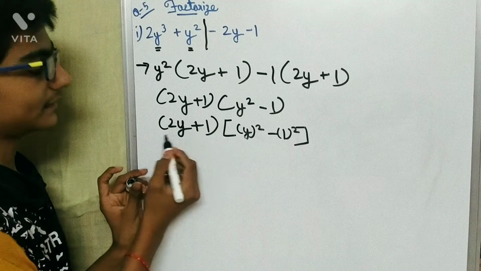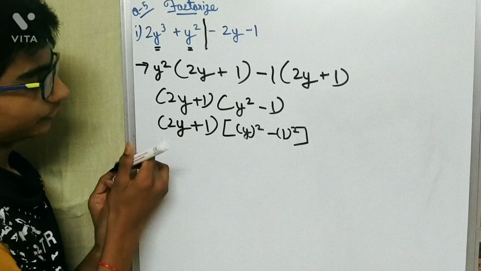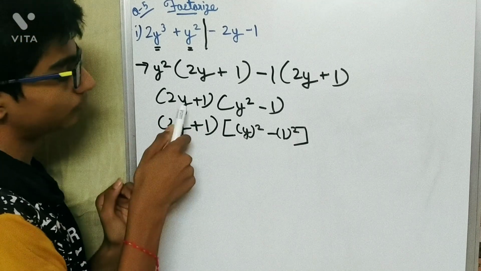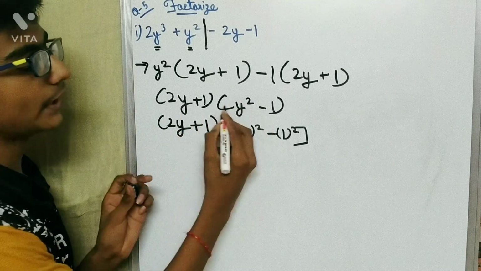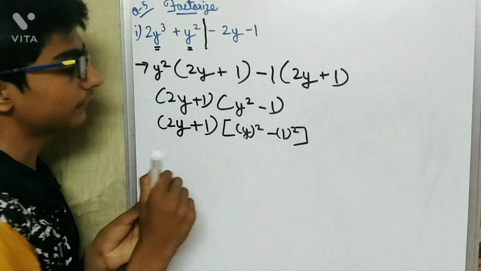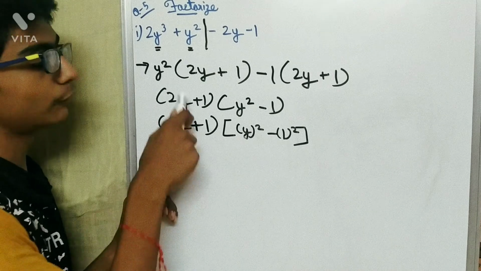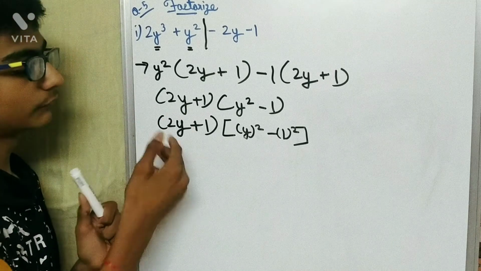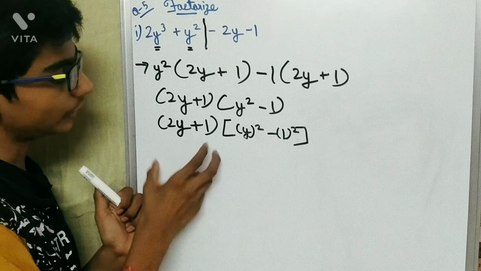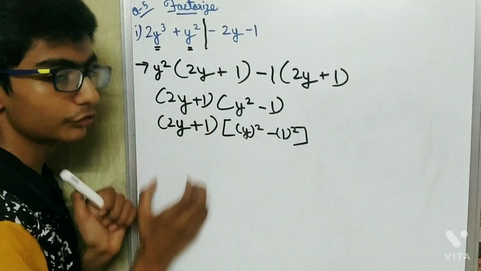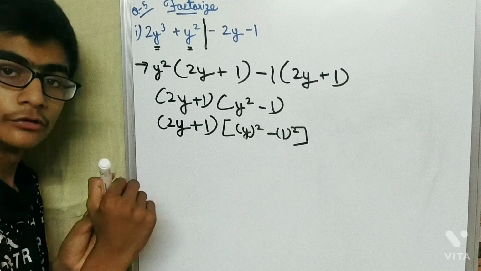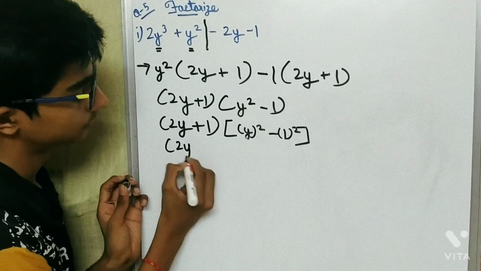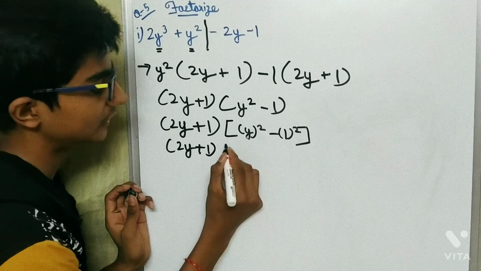This will remain as it is because the power is not more than 1 in this one. We will have to change only this. But if here also the power of y would be square or more than 1, then you have to do the same here also, but here no power is more than 1, so we will continue only with that one.